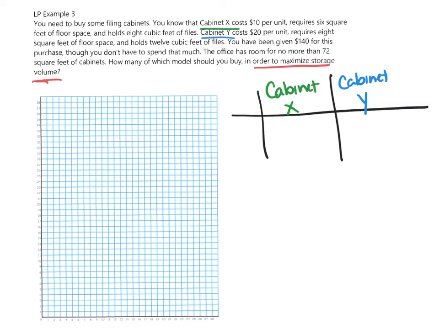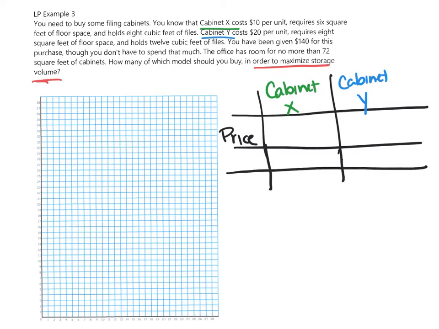The restraints being placed on me are a price restraint and a square footage restraint. So X costs $10, requires 6 square feet, and Y costs $20 and requires 8 square feet.